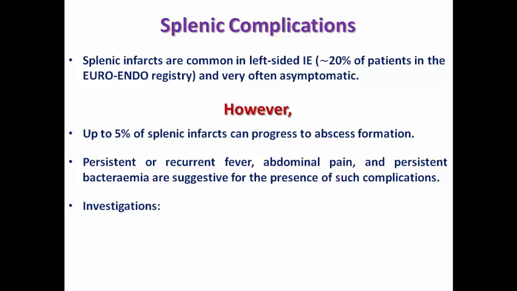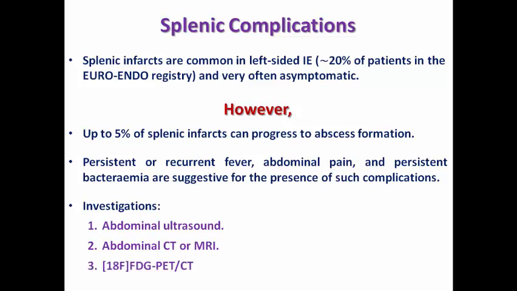What are the investigations that I would ask for in this case? Of course, the most simple, abdominal ultrasound; if not conclusive, go for abdominal CT or MRI; if not conclusive and still there is a suspicion, go for PET CT to detect the uptake of fluorodeoxyglucose in the spleen.